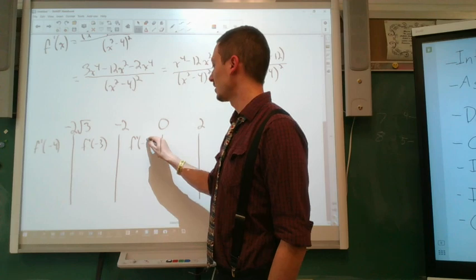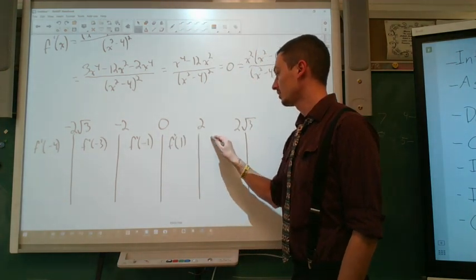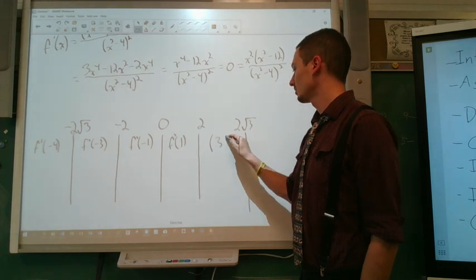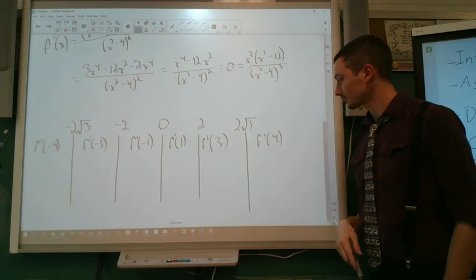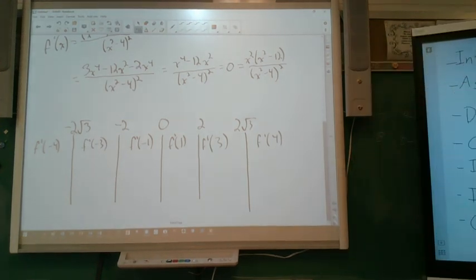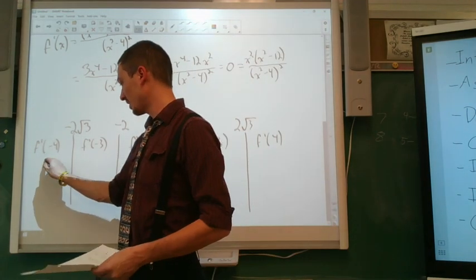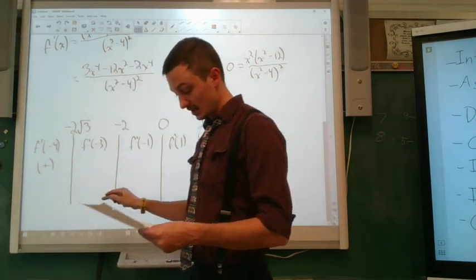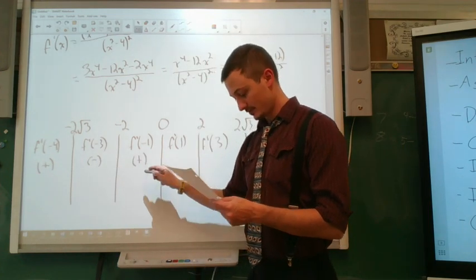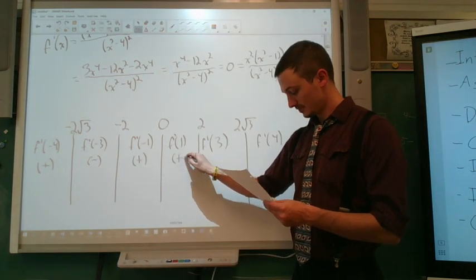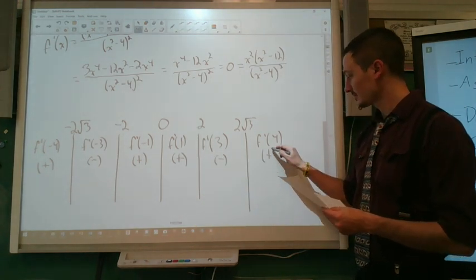Let's use negative 1 here, positive 1, f prime of 3, and f prime of 4. So those are all the values we'll use. To save time and not think this through, but please check me. This is positive, this is negative, this is positive, this is positive, this is negative, this is positive.